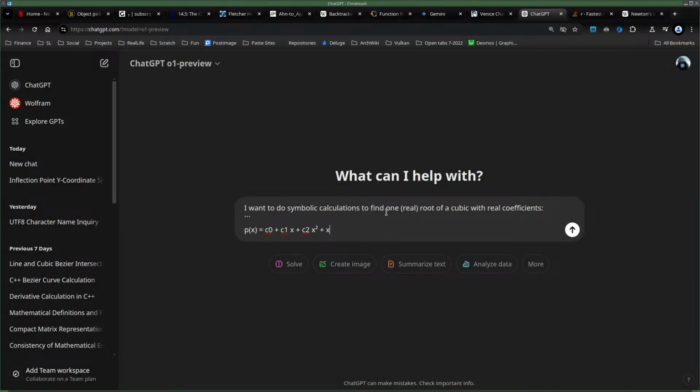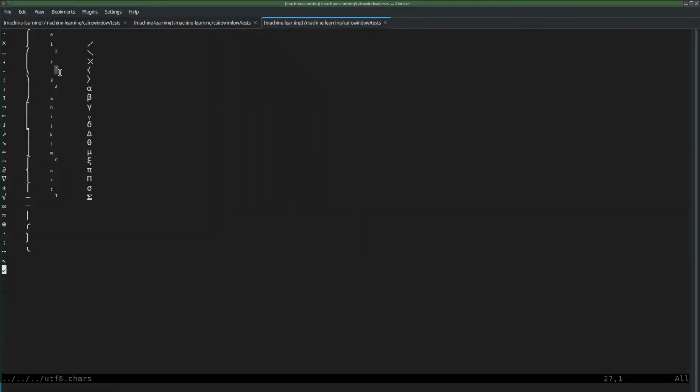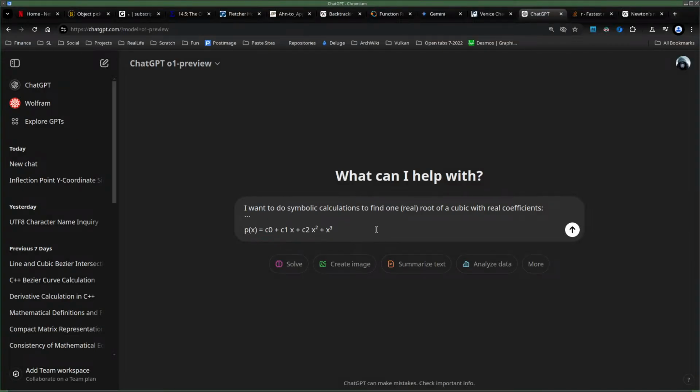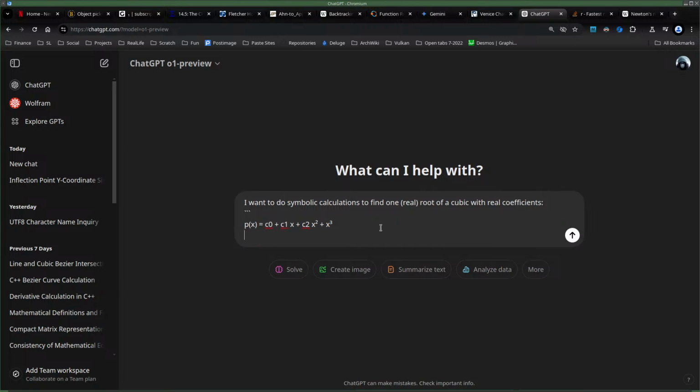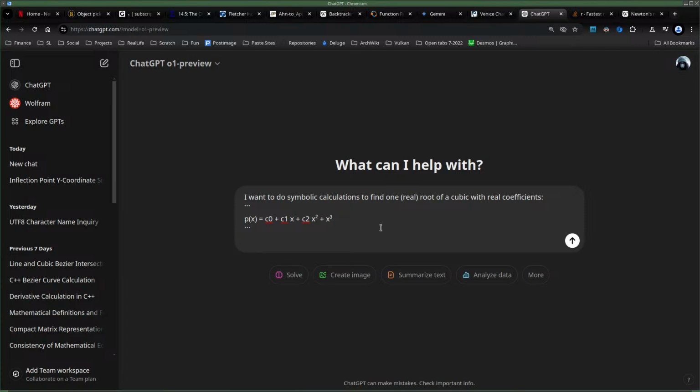Plus x to the power 3. Just assume the coefficient is 1 because of some symmetry argument, scaling argument. It all doesn't really matter.